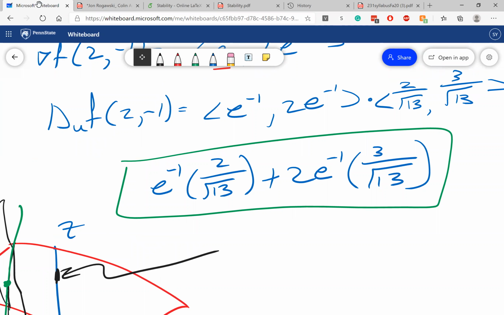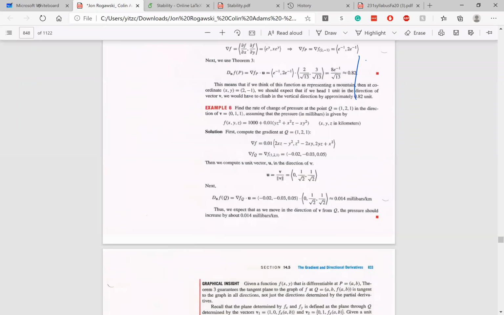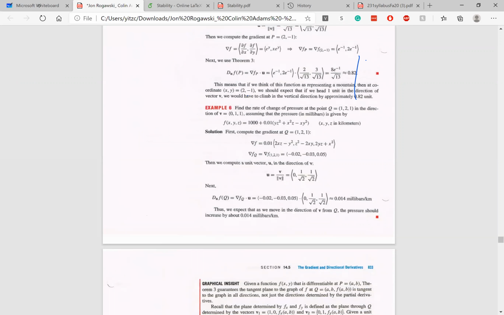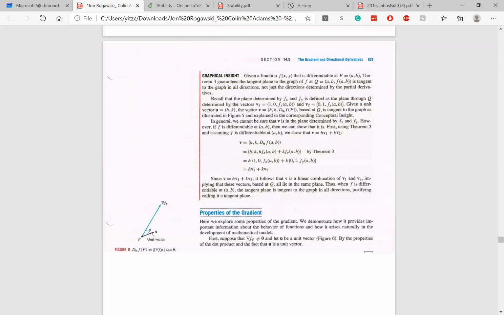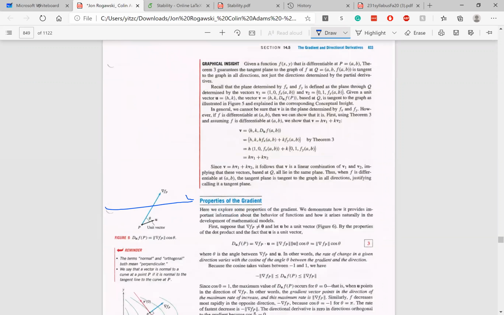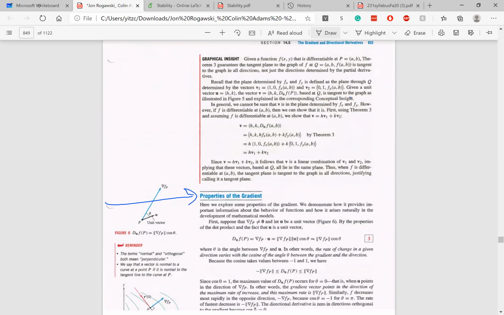Okay, so they then ask us to do another example in 3 dimensions. It's the same thing. And then they start with properties of the gradient. And we are going to continue this next time. So next time we're going to talk about the properties of the gradient, and we're going to finish this section.